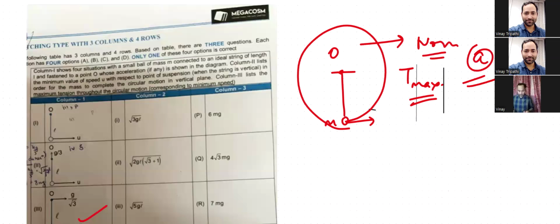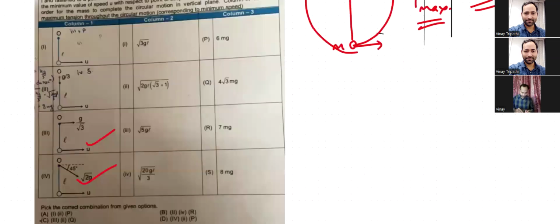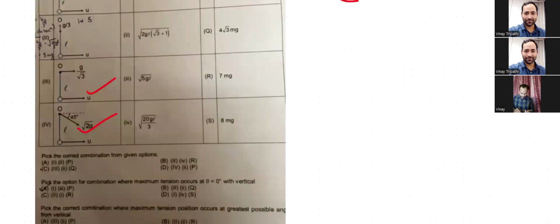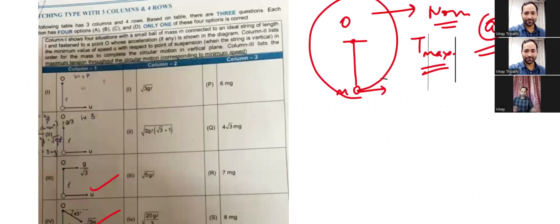Now, let's start. I'll start with the first problem. The first one is just basic, without any extra acceleration.